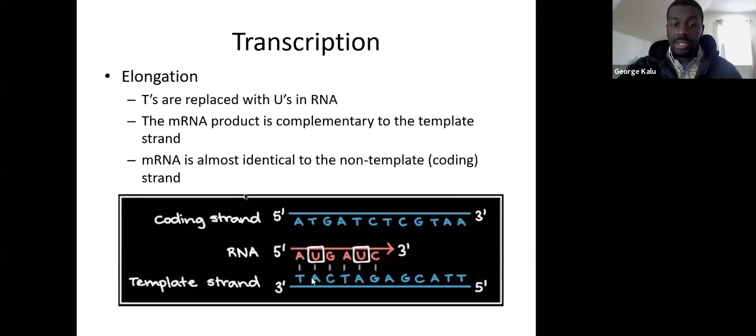So its complementary base in RNA would be a U for A's. Then we have a C. So our complementary base would be G. Here we have a T, so its complementary base would be an A. Here we have an A, so its complementary base in RNA would be a U and not a T, because we don't have any T's. And here we have a G, so its complementary base would be a C.